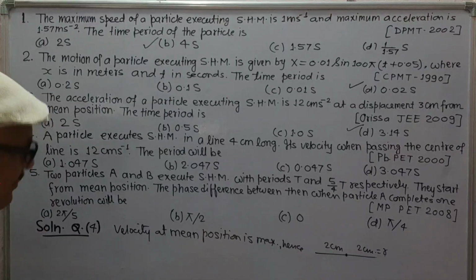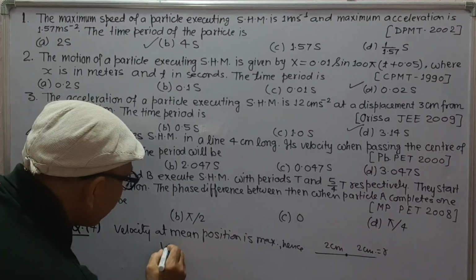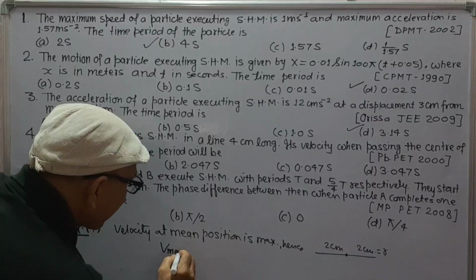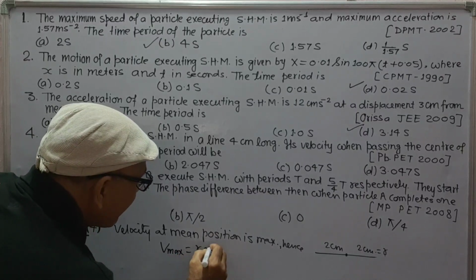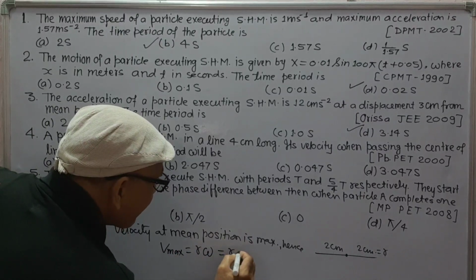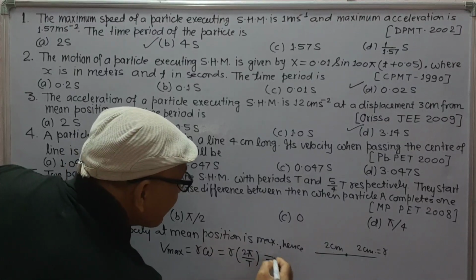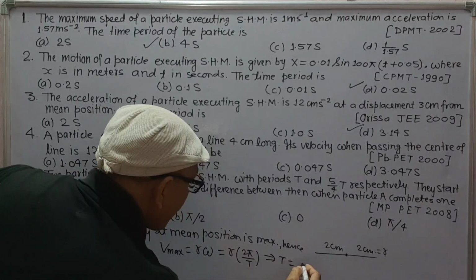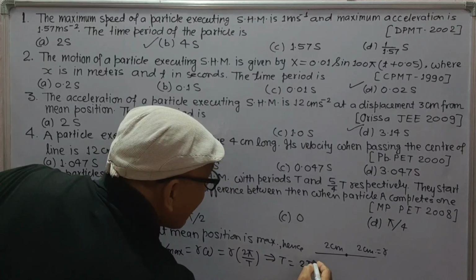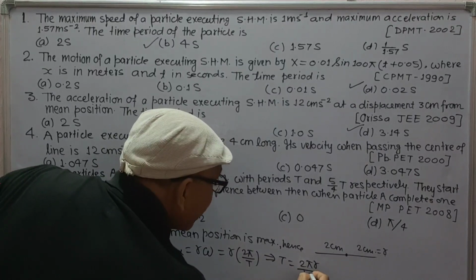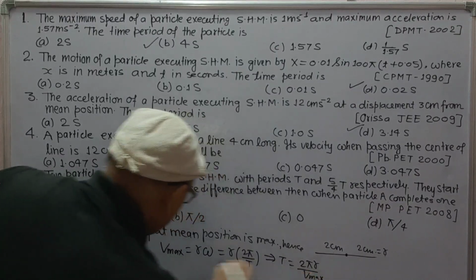Hence, V max will be equal to R omega, which is R into 2 pi by T, which gives T as 2 pi R by V max.